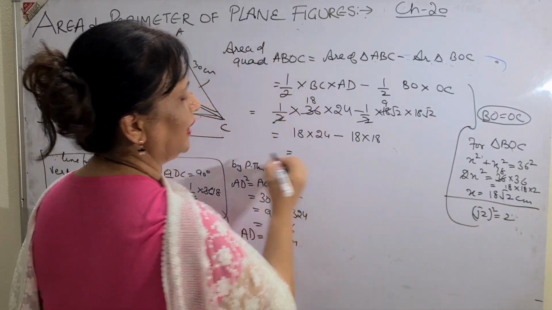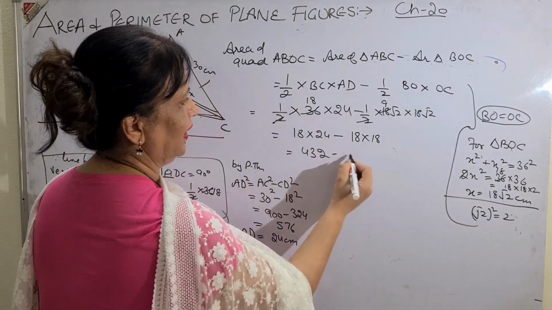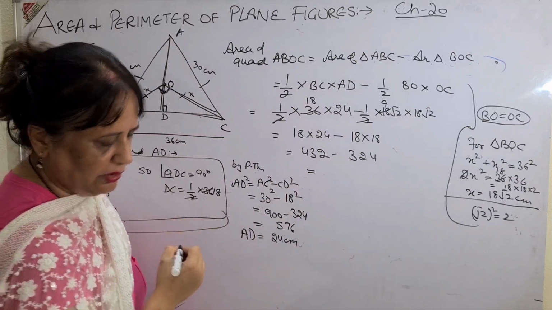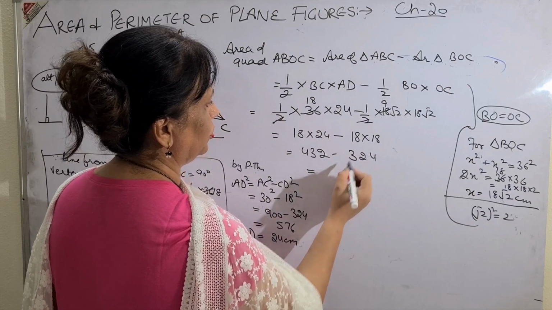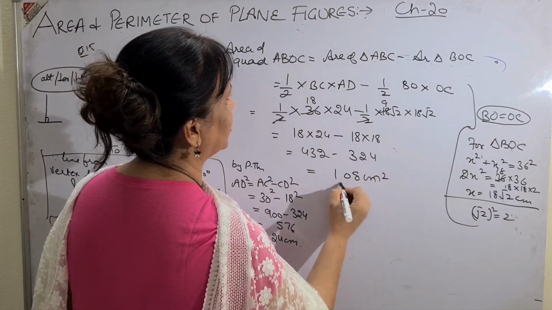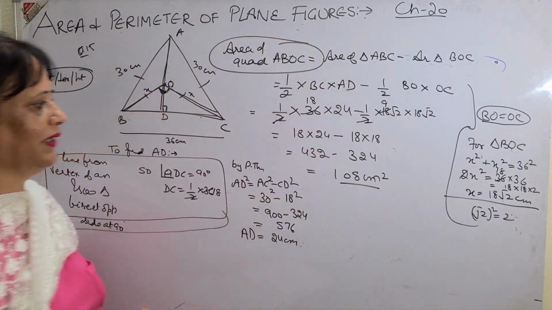So this is 18 into 24, that is 432, minus 18 into 18, that is 324, and you subtract and you will get your answer, 108 centimeters square. So the area of quadrilateral ABOC will be 108 centimeters square.